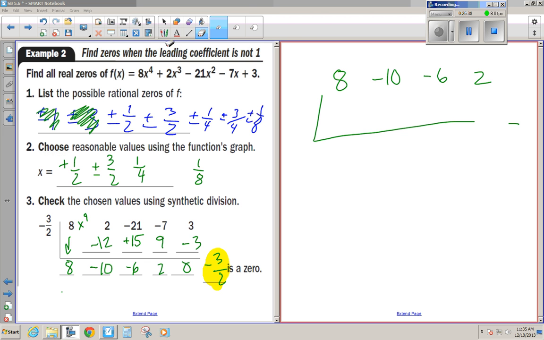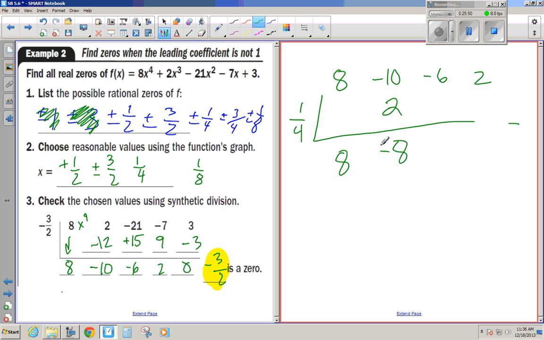All right, let's give 1/4 a try. We're going to jump to the other side and see. At one of these points, hopefully, will work. 1/4 of 8 is 2. That gives me negative 8. 1/4 of negative 8 is negative 2 and gives me 0.